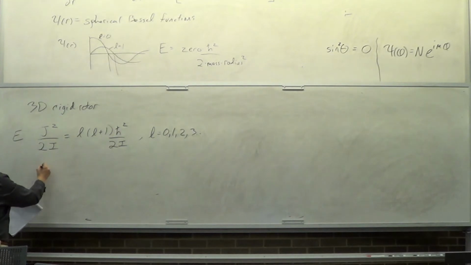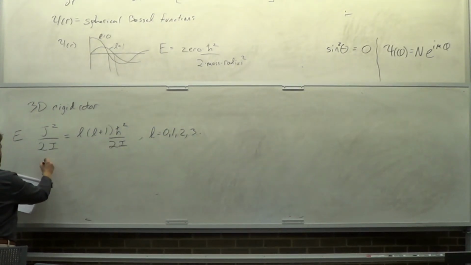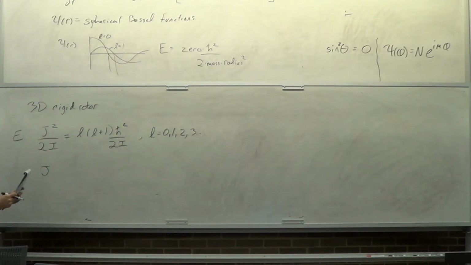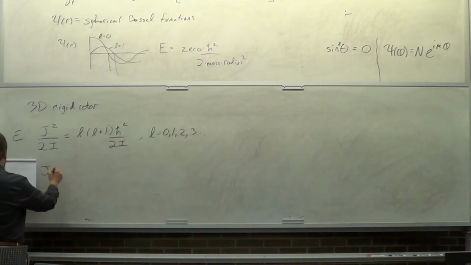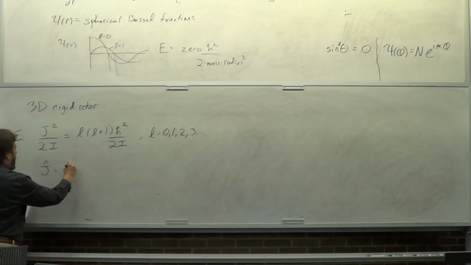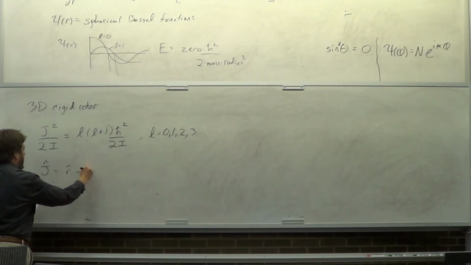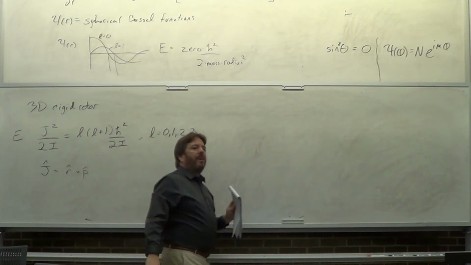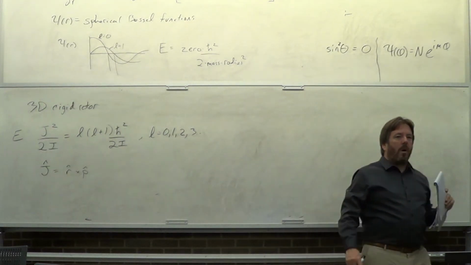Now I want to point out that the energy is J squared over 2I, where J squared is the angular momentum squared, divided by 2 times the moment of inertia. There is an associated operator, which is r cross p, where p is still derivatives in x, y, and z.